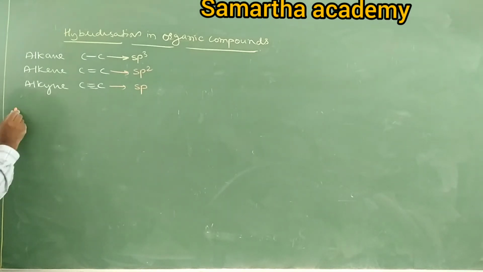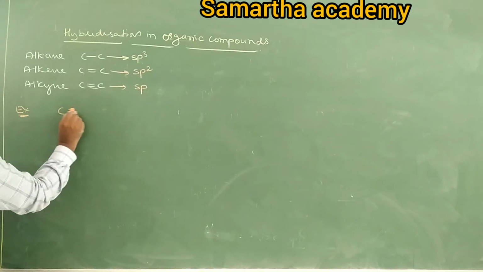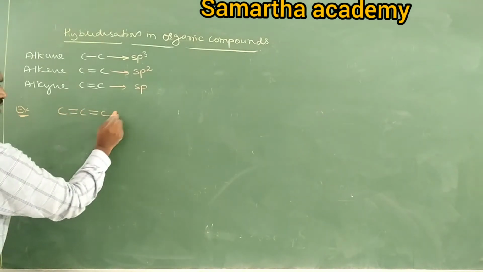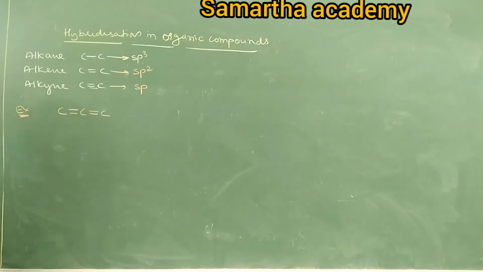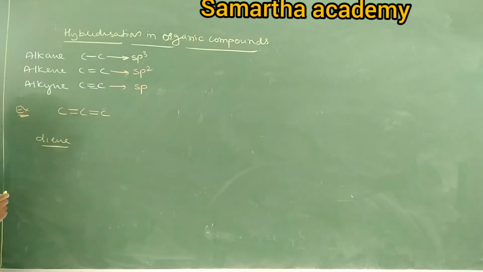But one exception, not exactly an exception, it is a different example. If there are carbon-carbon double bonds continuously, it is called a cumulative diene. In dienes we have conjugated diene and cumulative diene. What is the meaning of diene? Double bonds.